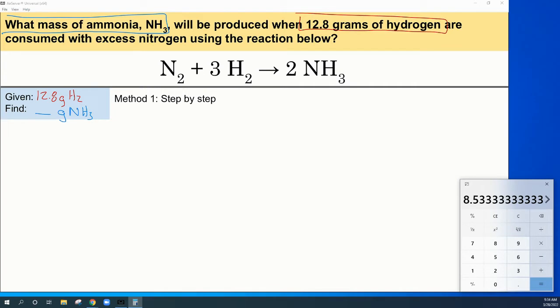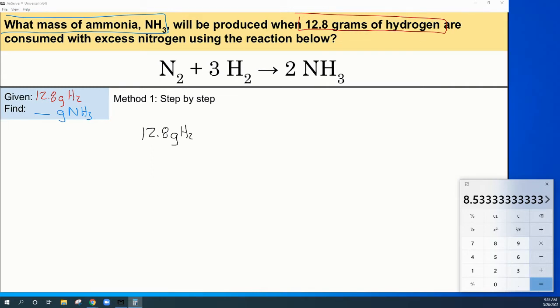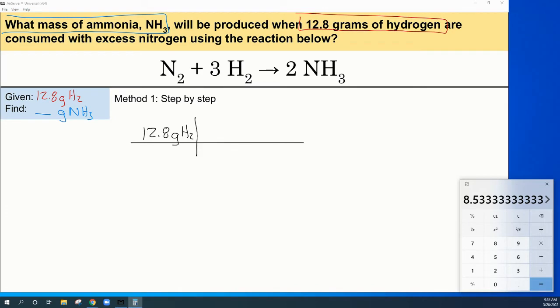Here's a common mistake that students will make. They'll write out their given. We're going to take 12 grams of hydrogen, just like we started out before. And then they're going to write out, oh, I'm going to do the same thing. So I'm going to take 3 hydrogen and 2 ammonia.